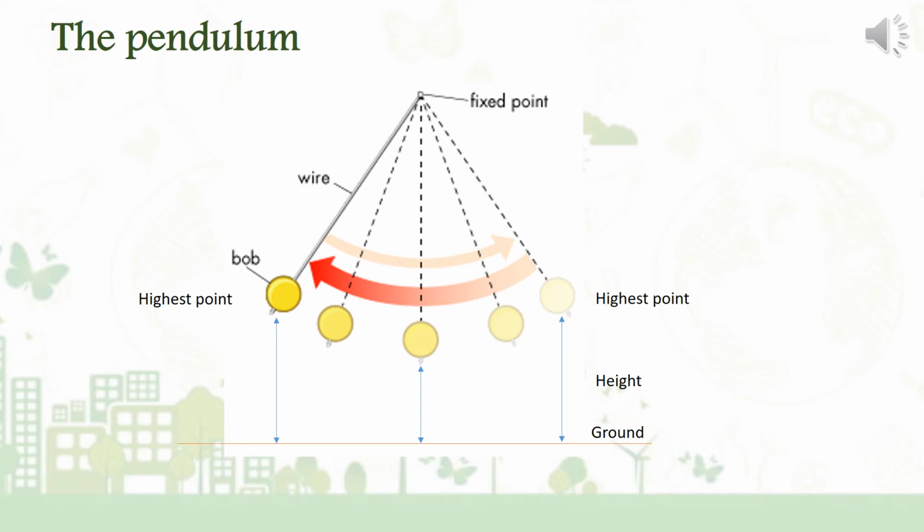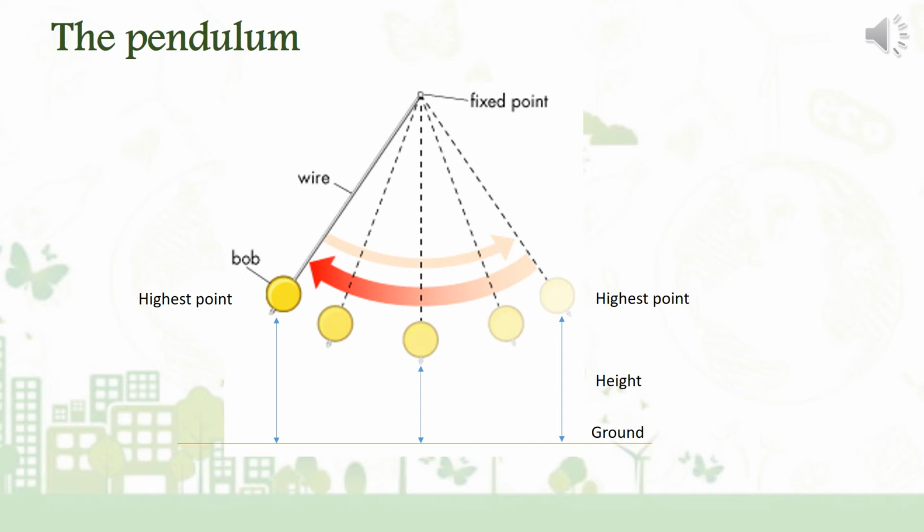In this picture you can see the bob is moving to both sides, to the highest point and again coming to the lowest point. When the bob is at the highest point, it is gaining the maximum potential energy and moving back to the other side.